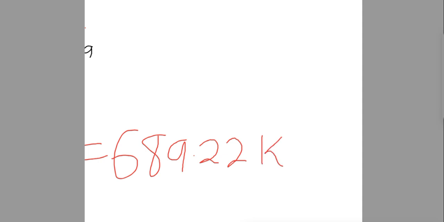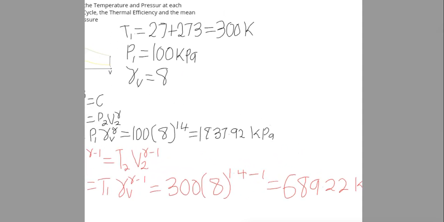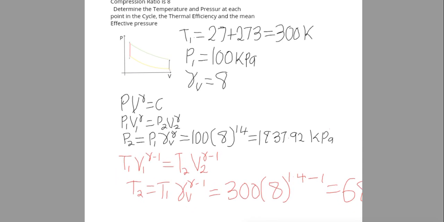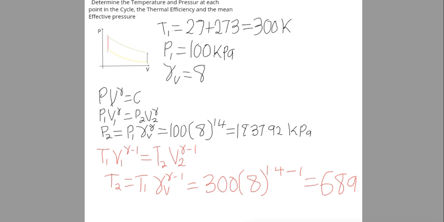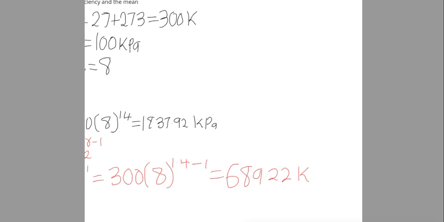So therefore, now we have gotten our value for P1 and our value for T1, which is given in the question. And now we have derived our value for P2, 1837.92 kilopascals, and our value for T2, which is 689.22 Kelvin.